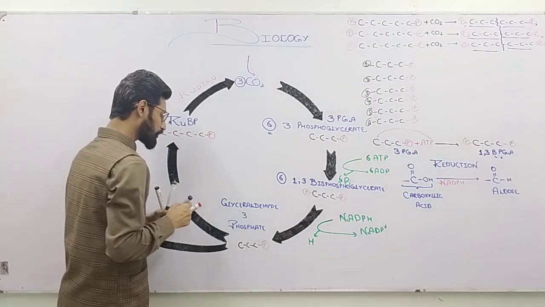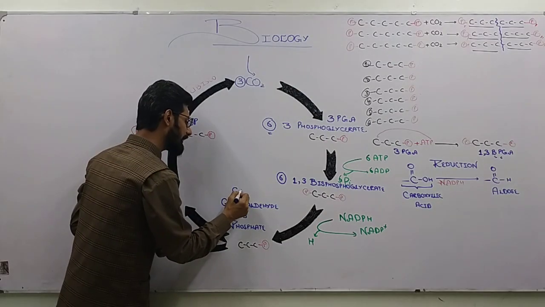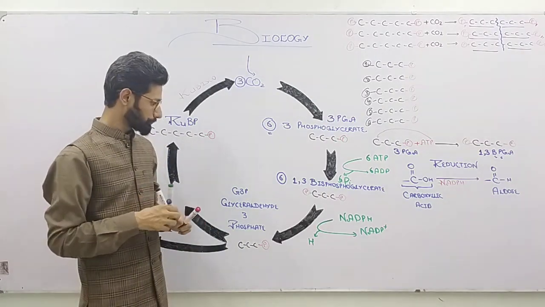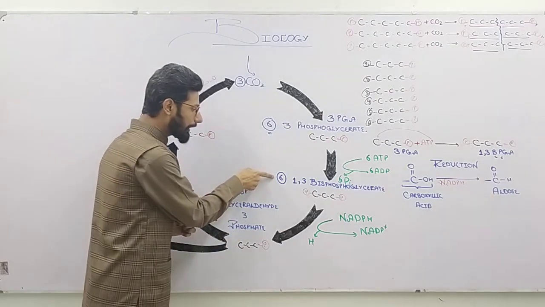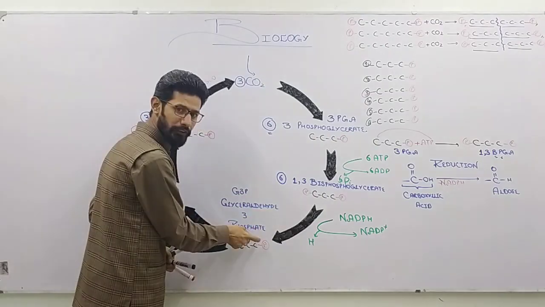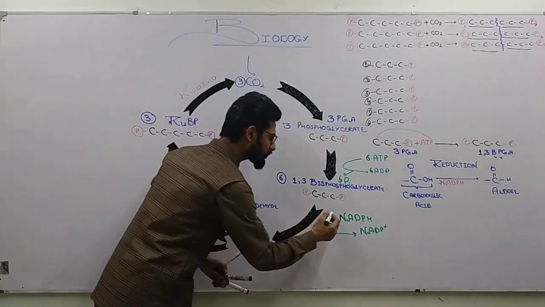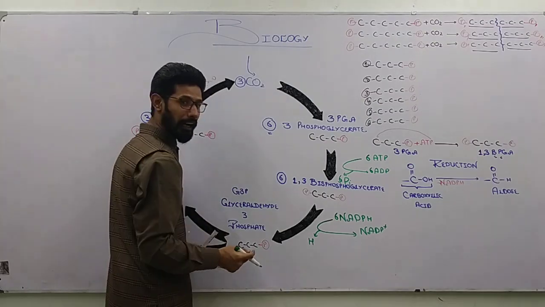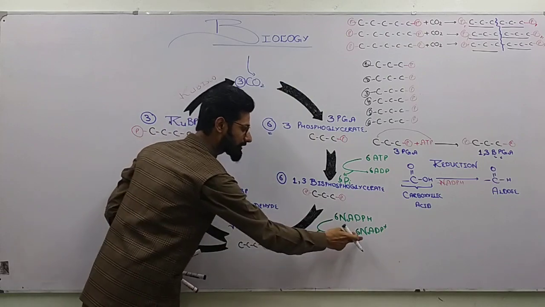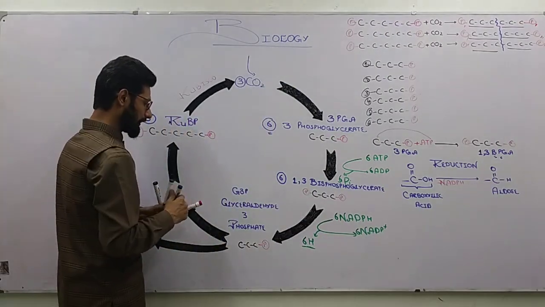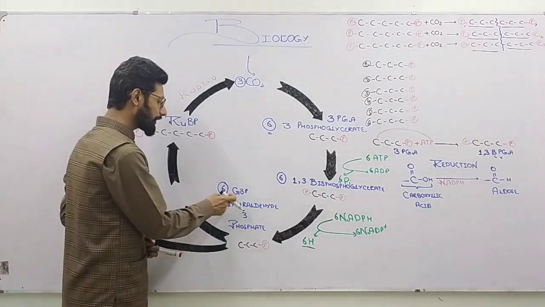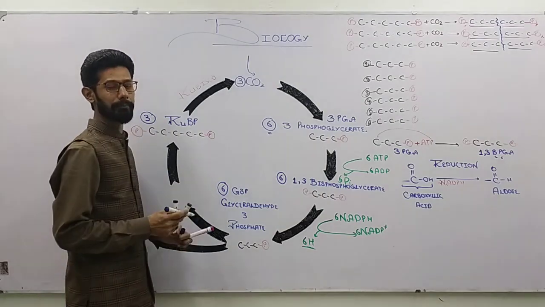It is also shortly known as G3P, glyceraldehyde 3-phosphate. There are 6 molecules participating in this reaction. So 6 molecules of NADPH are required, 6 H released, 6 NADP plus, and the sugar formed is 6 molecules. So G3P forms, and they are 6 in number.